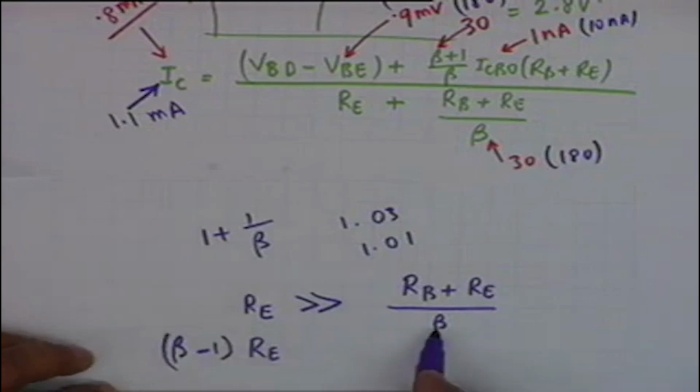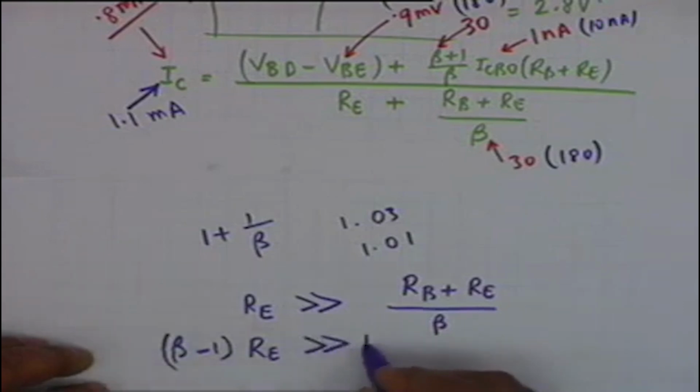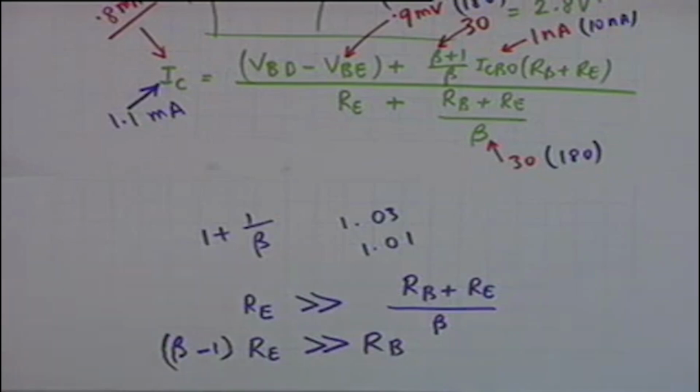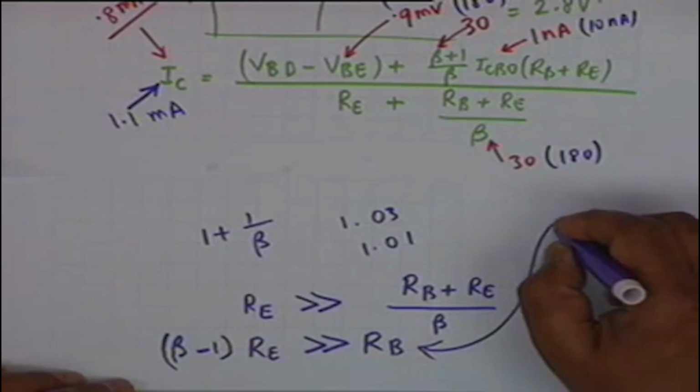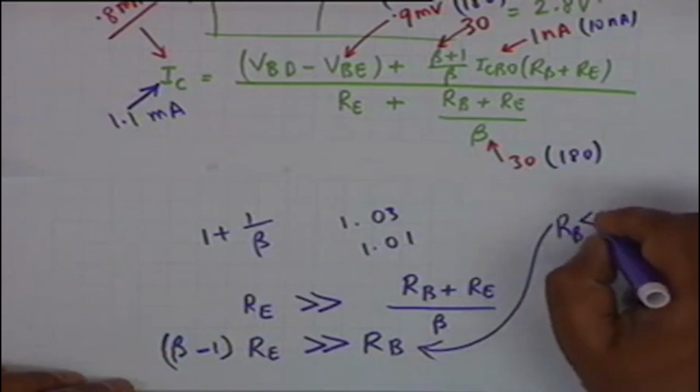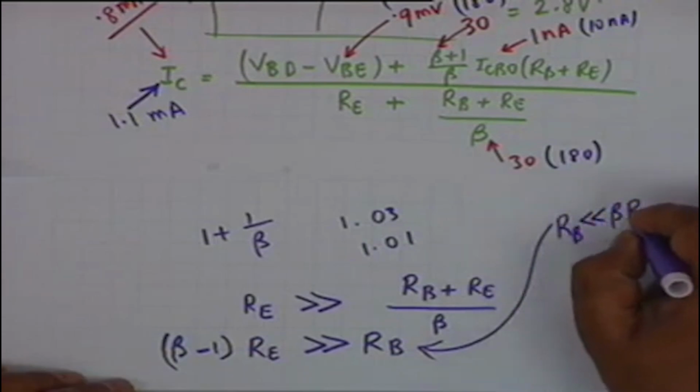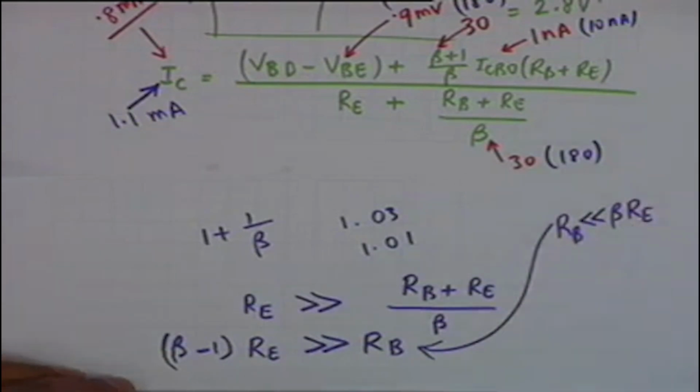If I multiply by beta and bring Re from right to left, (beta minus 1) Re should be much greater than Rb. This is the condition for independence to beta, and you know beta is much greater than 1, therefore this condition approximates to Rb much less than beta times Re.